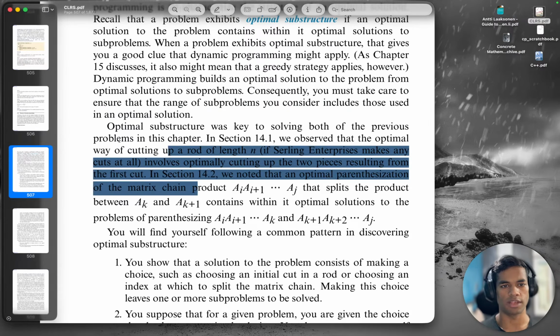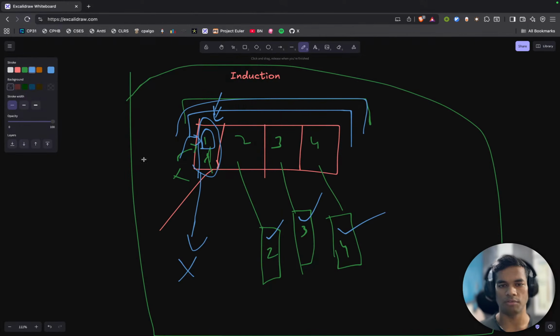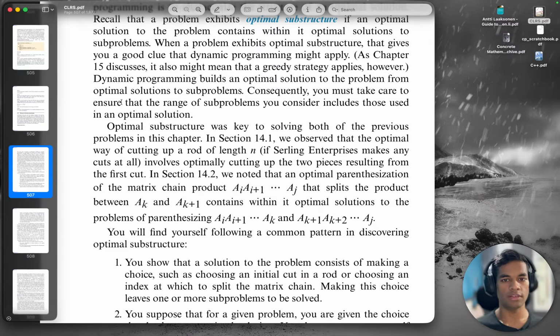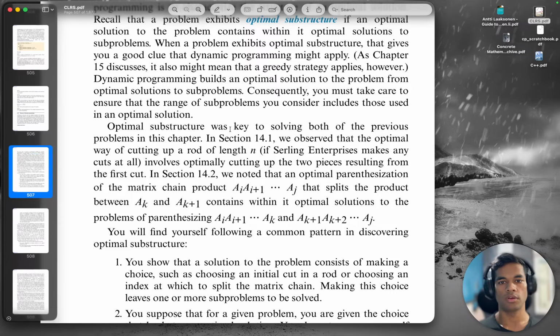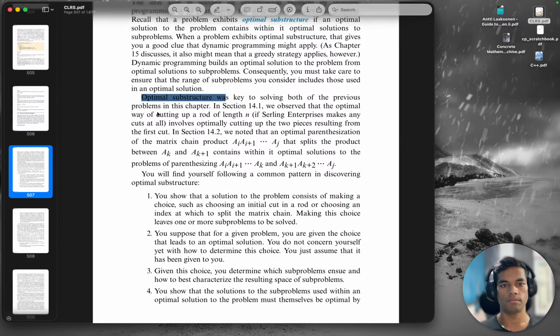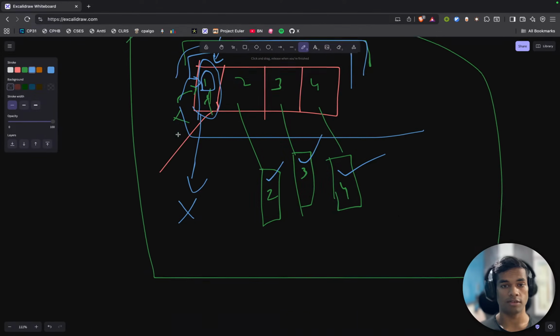That makes sense, I guess, but I don't know how this case would apply. Anyways, here, optimal substructure was key to solving both of the previous problems in this chapter.